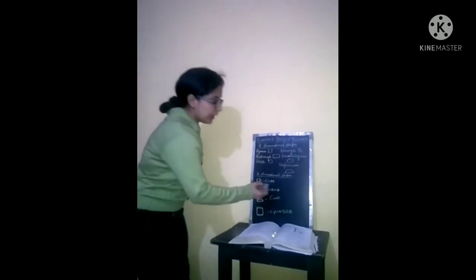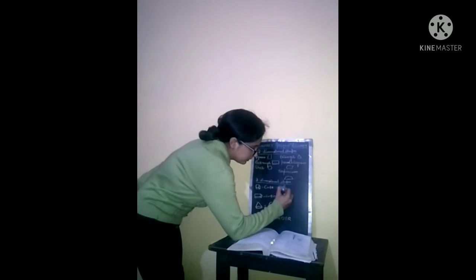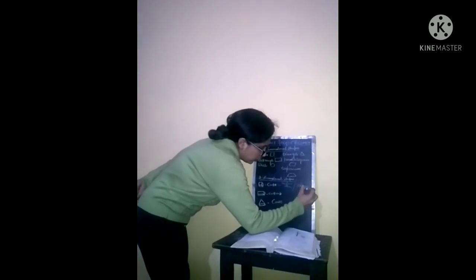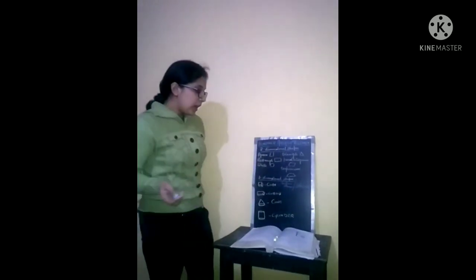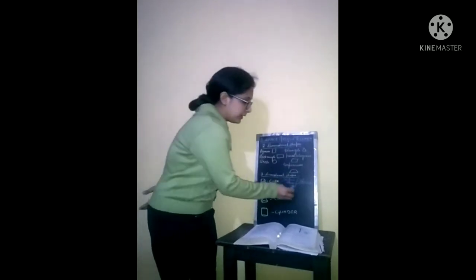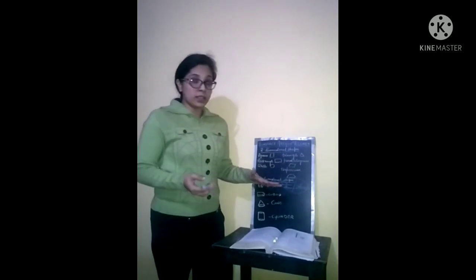Here you can find out the surface area and volume. Both of these things we will find out here. In today's chapter we'll talk about surface area and volume. These are the basics.